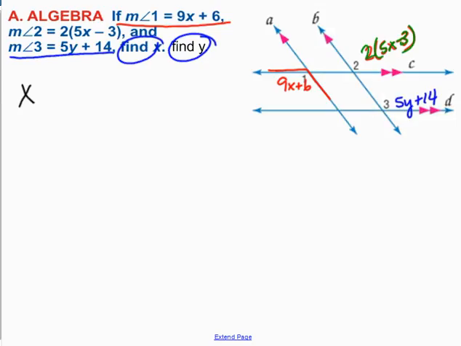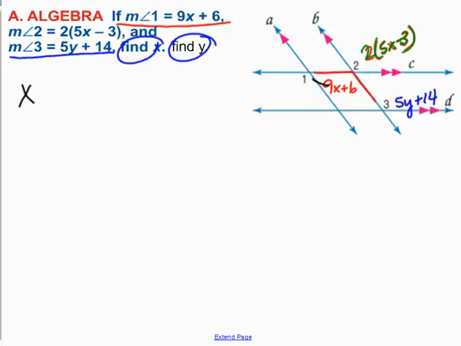We are going to look at angle 1 and where it is compared to angle 2. And they're not on the same transversal, so it's really hard to figure this out. However, I can take this angle right here and move it right there.